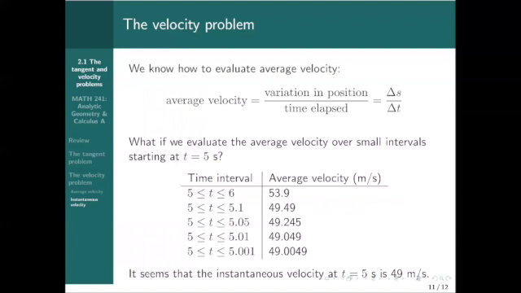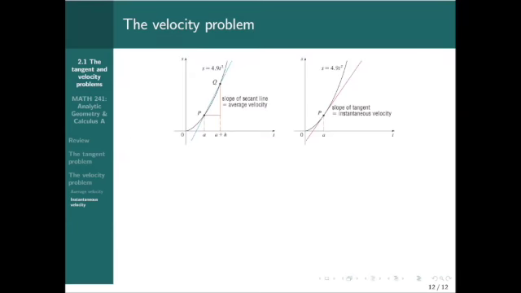So we have this table where we have some approximations, and then you can observe that the best approximation is going to be in the last line because the time interval is just 0.001 second. So it seems that the instantaneous velocity is going to be 49 meters per second.